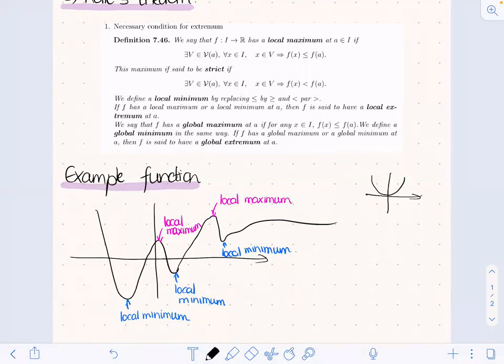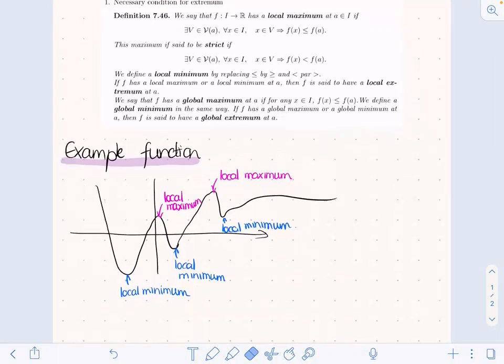You'd probably say that 0 is a minimum for x squared, and actually it's a global minimum. If you take the function x squared on the whole of R, it's always above 0. So that's something called a global minimum, but we can define something quite similar called a local maximum or a local minimum.